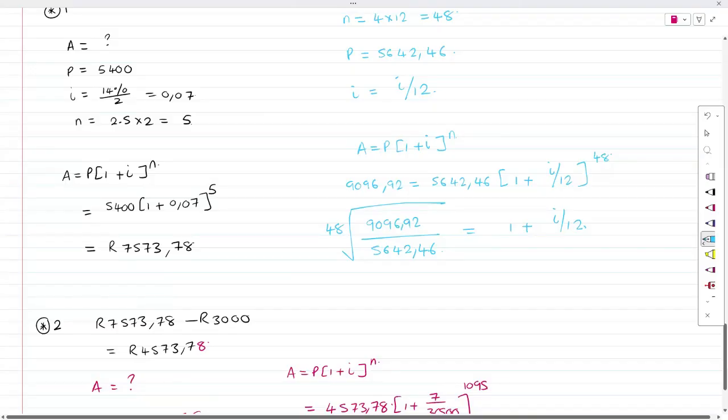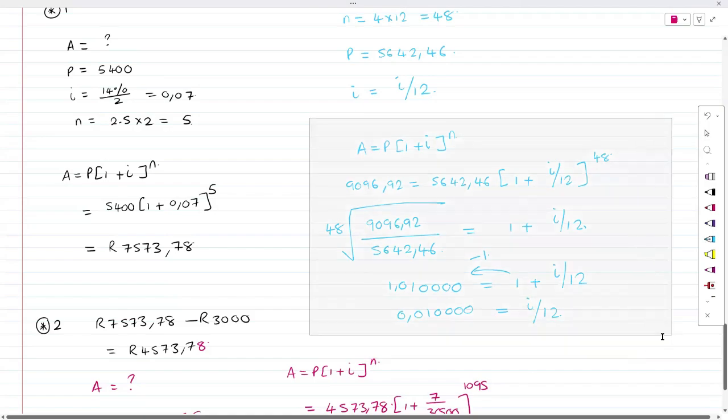So we got a weird answer, but I got 1.01 and a whole lot of zeros, and that equals 1 plus I over 12. If I take plus 1 over, it becomes minus 1. So this becomes 0.011 continuing, and that equals I over 12.